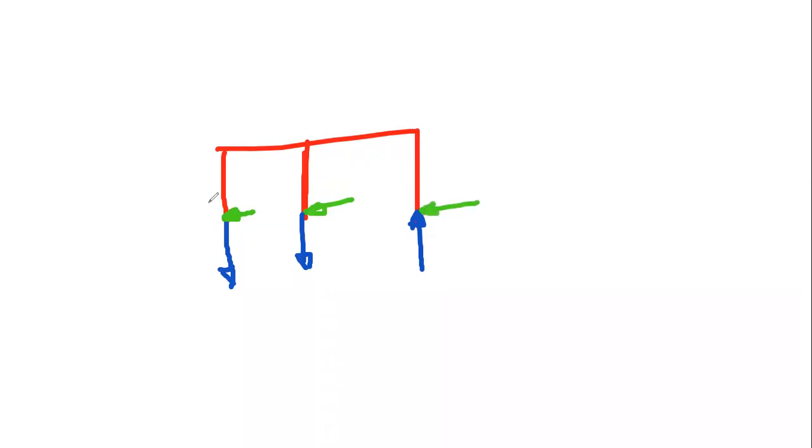Now we should not do it like this, that here it is H and here it is 2H. That H, 2H concept will not come here, because that is the assumption in the portal method. Here the assumption is different. So here the unknowns will be the horizontal forces that we have to find out.